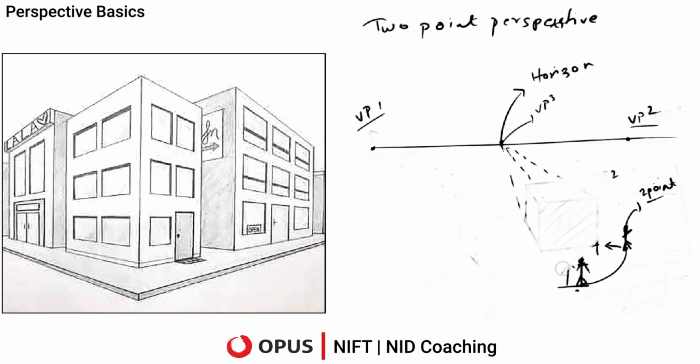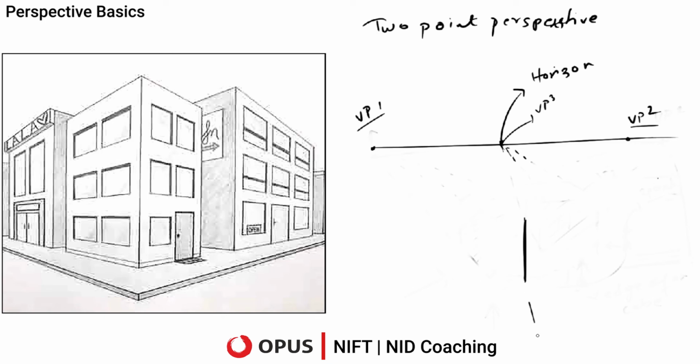So suppose I erase this and we forget about this vanishing point, and I draw that same edge, like I was showing, and that person is standing right here and is seeing the edge of that object.